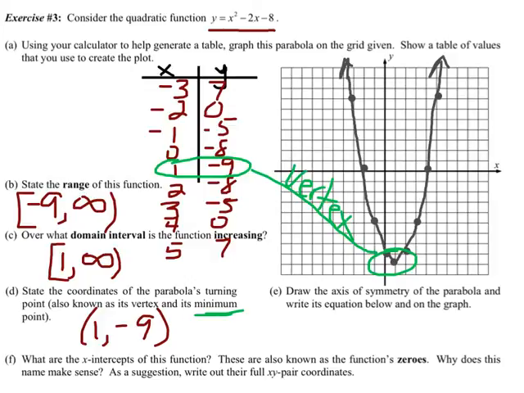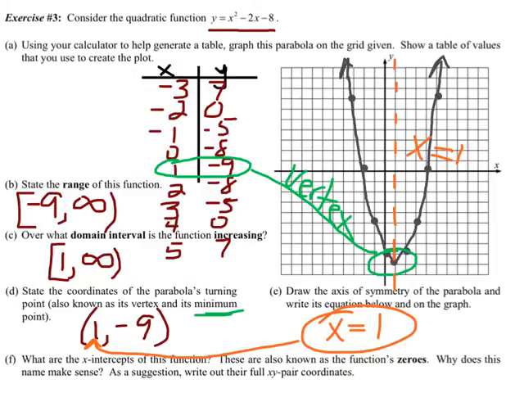Now it says draw the axis of symmetry of the parabola and write the equation below and on the graph. So I'm going to go ahead and in orange draw my axis of symmetry. And the axis of symmetry is x equals 1. Notice that my axis of symmetry is the x value of my vertex. F, I will highlight in a nice blue color.